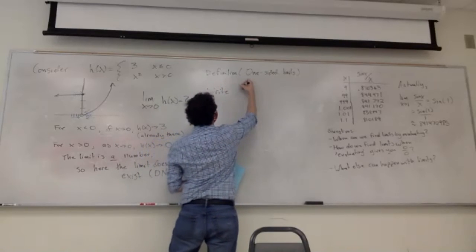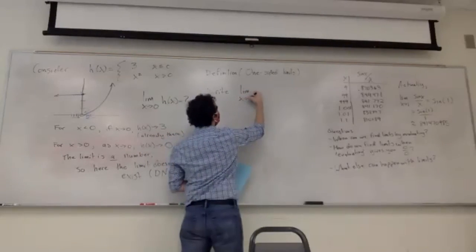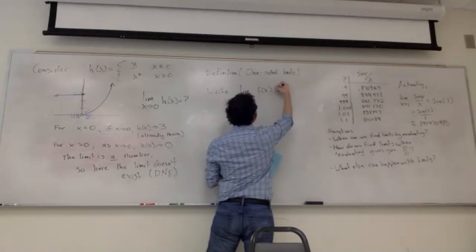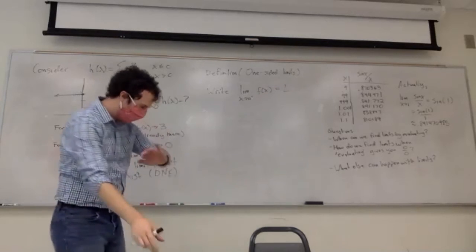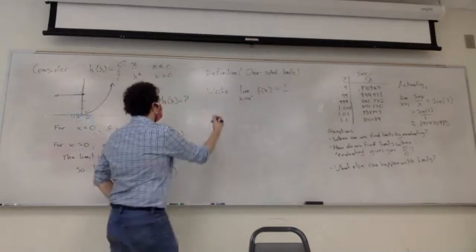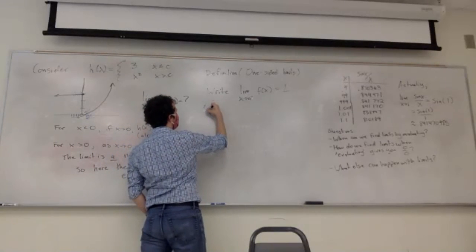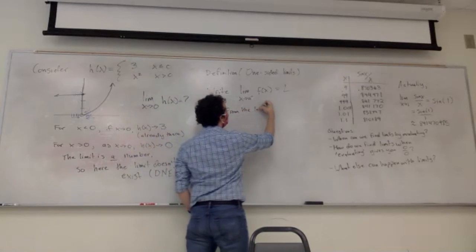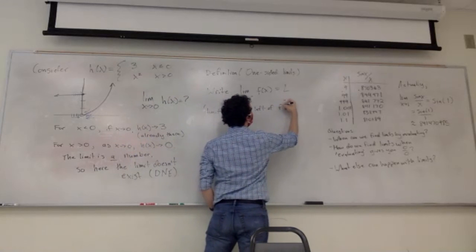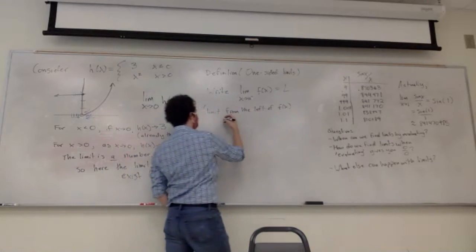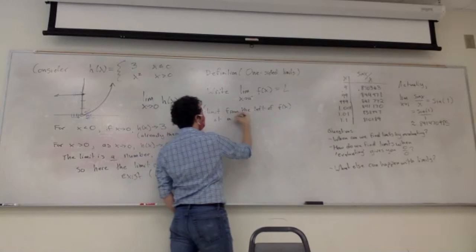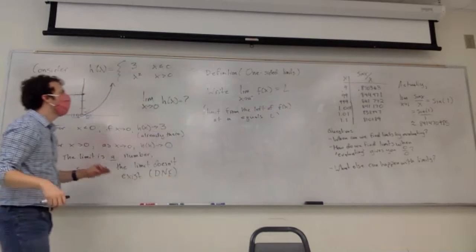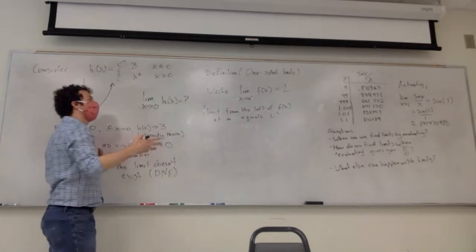So the notation is the limit as x goes to a with a little negative above it of f of x equals L. And this is said to be the limit from the left of f of x at a equals L, or the limit of f of x as x approaches a from the left.